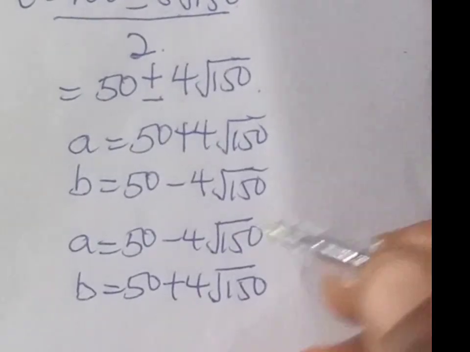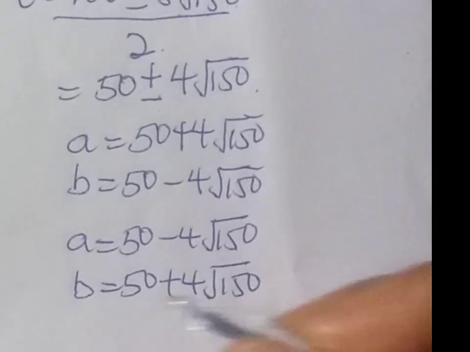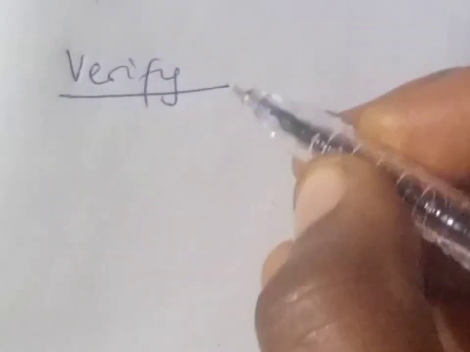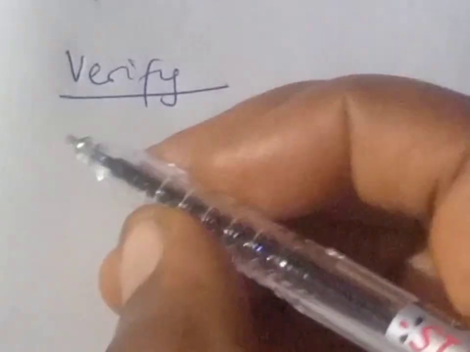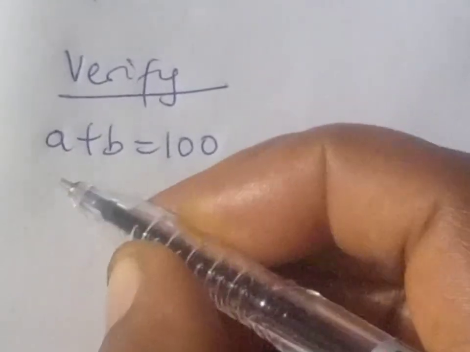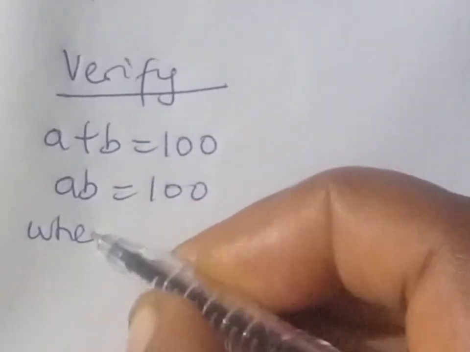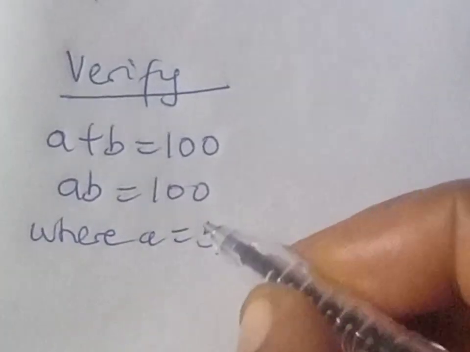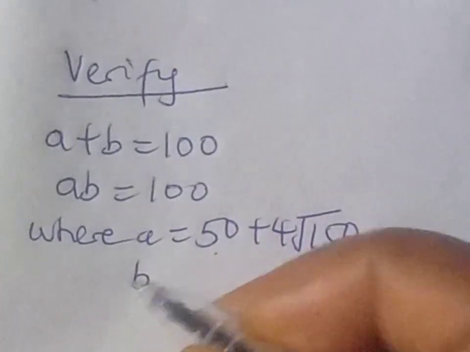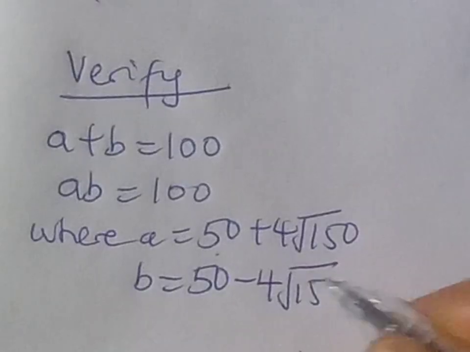The next thing is, let's verify our answers, if A is truly this and B is truly this. Let's verify if the two solutions are true. Our equation again, A plus B equals 100 and A times B equals 100, where A equals 50 plus 4 root 150 and B equals 50 minus 4 root 150.